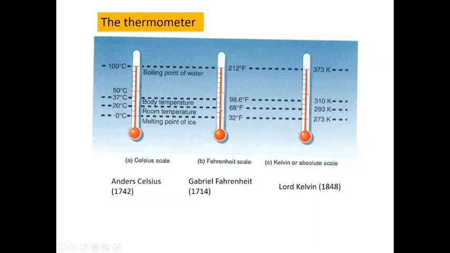How to convert from Fahrenheit to Celsius and from Celsius to Fahrenheit, we will talk about a little bit later. And the third unit of temperature is Kelvin, introduced by Lord Kelvin in 1848. We will talk about the Kelvin temperature a little bit later.